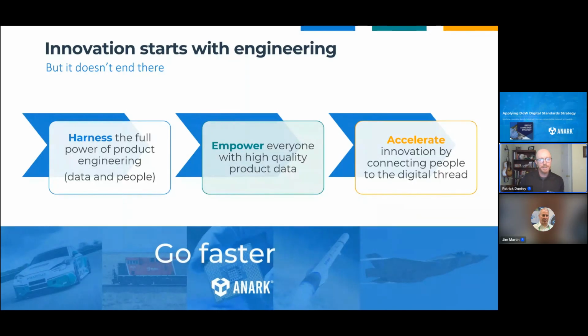The challenge is that when it doesn't end there, you have to get that data to everyone else. And that means you need to harness the full power of all that product engineering data to bring it downstream as machine readable, machine interpretable, and human consumable. And so that means you need to empower everyone with the highest quality, most accurate, best representation that's originally sourced from the authoritative source, just as John's comment mentioned.